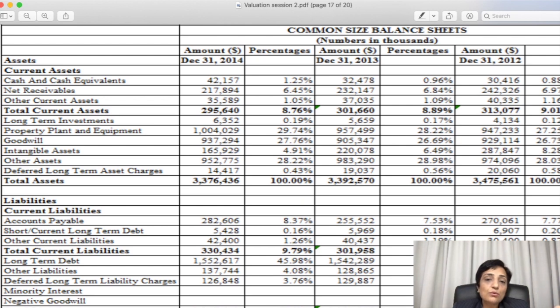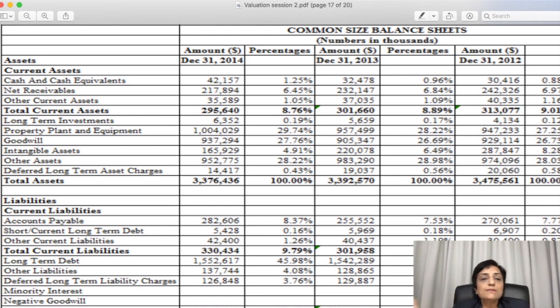But if it is a growth industry, then we might need to invest in capital expenditure. For example, if in 2012 it was 27.25%, in 2013 it was 28.22%, and in 2014 it is 29.74%.